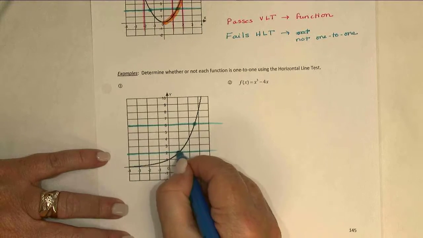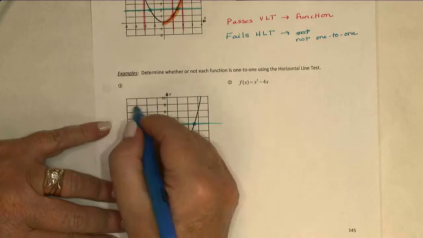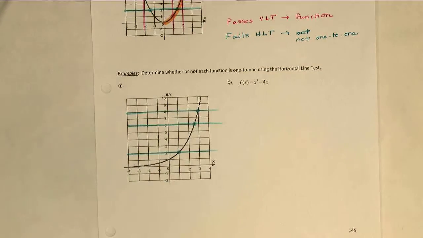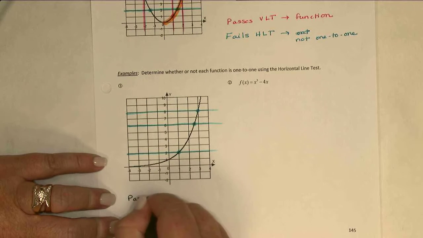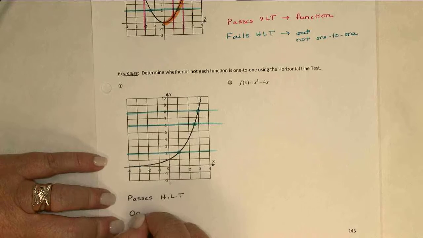That horizontal line only hits in one place. Right? Try one up here. Only hits in one place. So this is looking like it does pass the horizontal line test. And it is one-to-one.